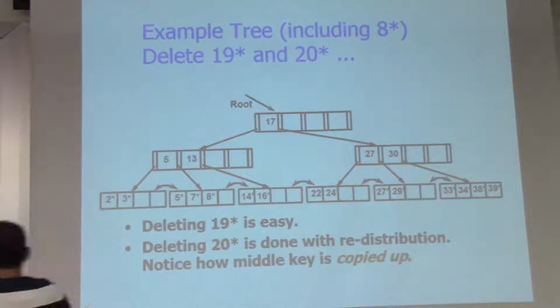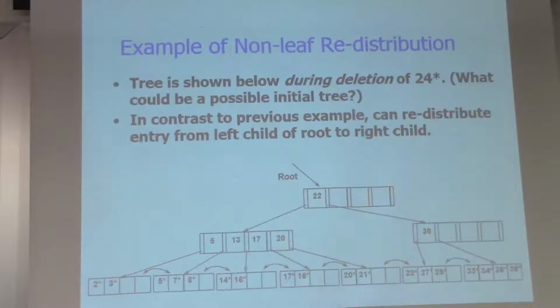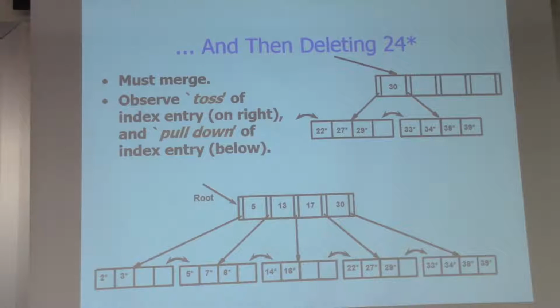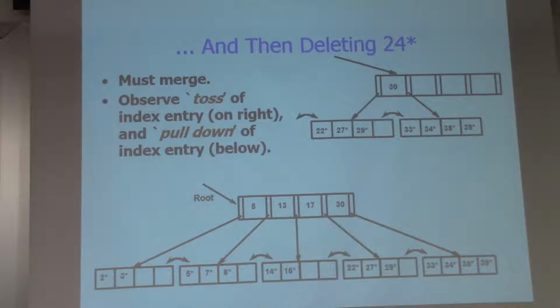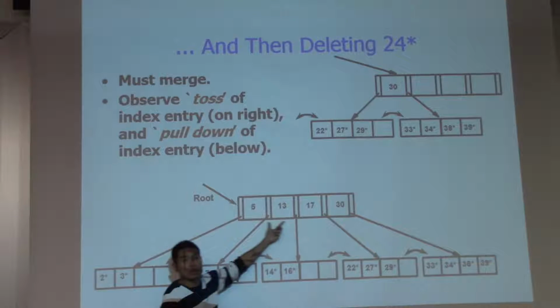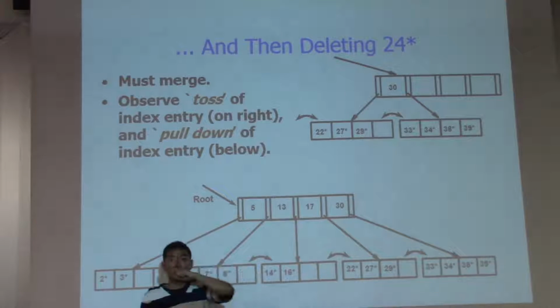So for split, you push an entry up. So that entry should be at this level when you do merging. So when you merge, you pull that entry back down. So when you merge this node 30 with this node 5 and 13 on the left, you pull that entry 17 down from the level above, which gives you the new root node of this. You follow me?